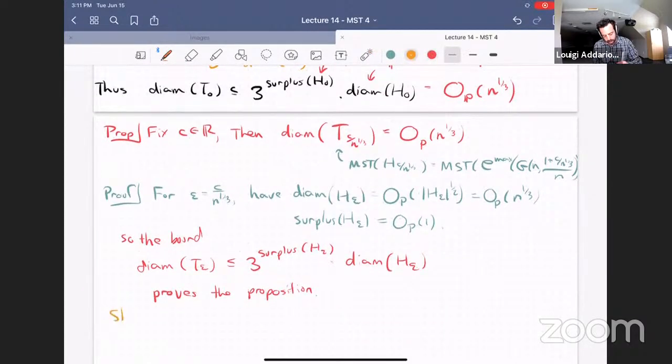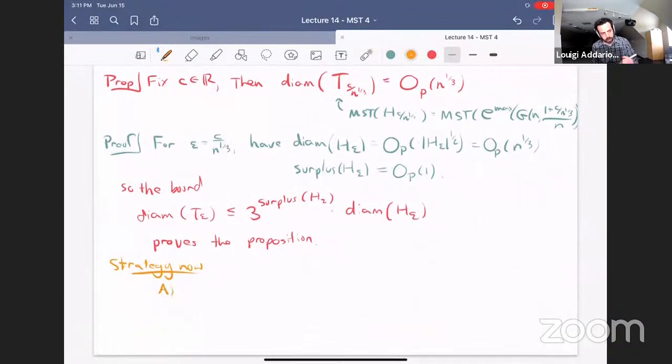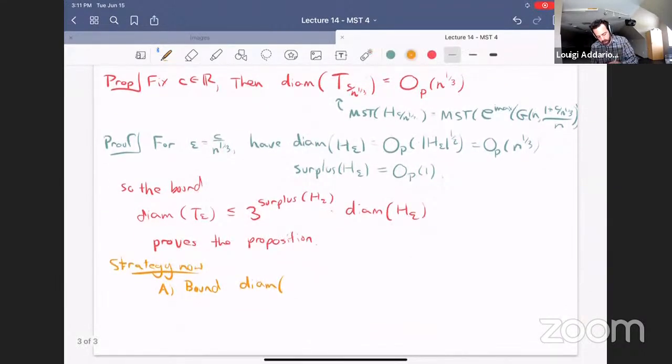So the strategy now is going to be to proceed in 2 steps. One is to bound the difference between what happens at, so we know we can get up to epsilon, a large constant over n to the third. So we'll try to get from there all the way up to epsilon, just a small constant, so T 1 over k over n to the third, for some k large.